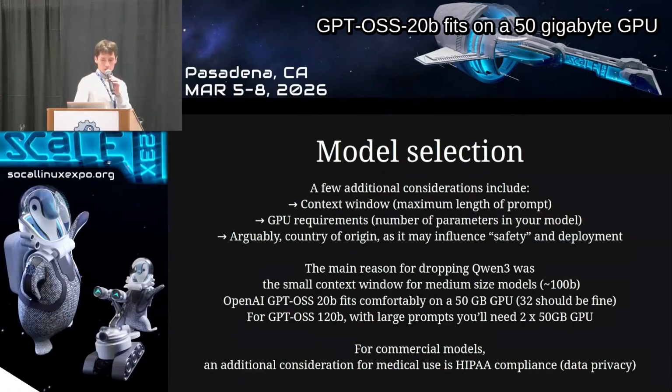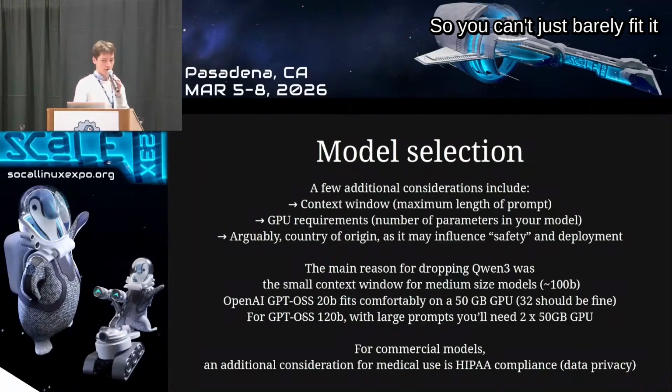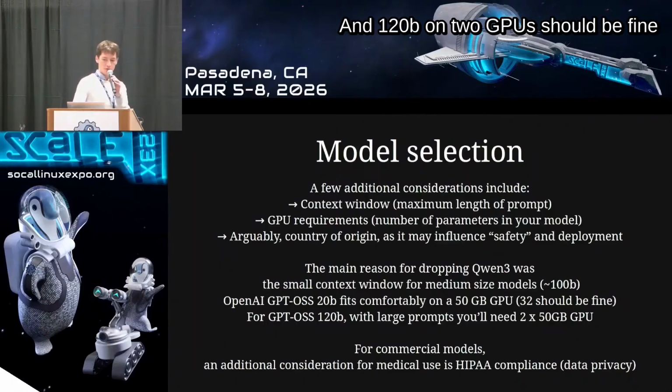Yeah, GPT-OSS 20B fits on a 50 gigabyte GPU. You will need to think that your context window does take quite some impact on your RAM, so you can't just barely fit it. And 120B on 2 GPUs should be fine.